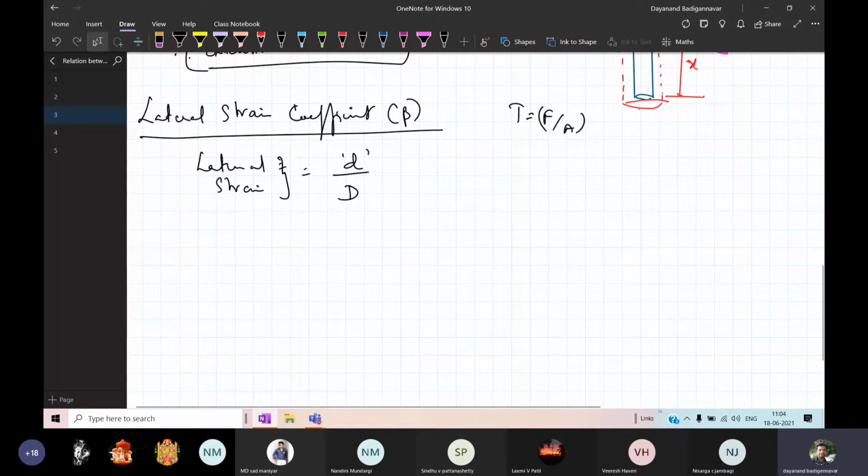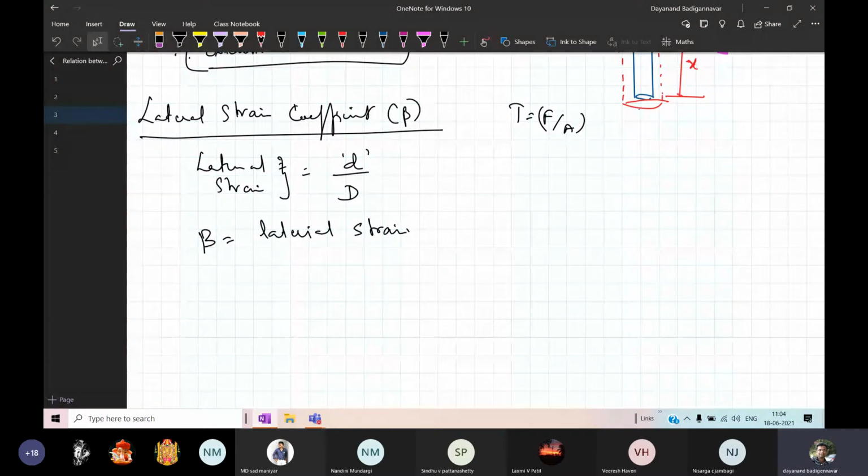Therefore I can define the lateral strain coefficient beta as the lateral strain to the stress that you have applied.